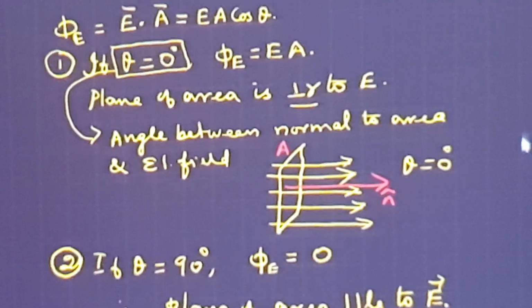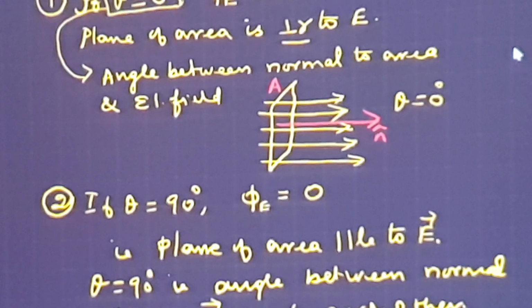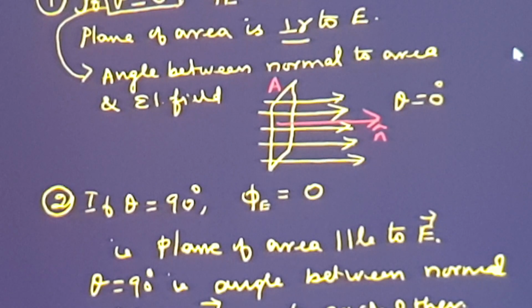When you are considering the electrical flux in a uniform electrical field, it is given by the formula phi E is equal to E vector dot A vector, that is EA cos theta. Here theta is the angle between the normal to the area and the electrical field.